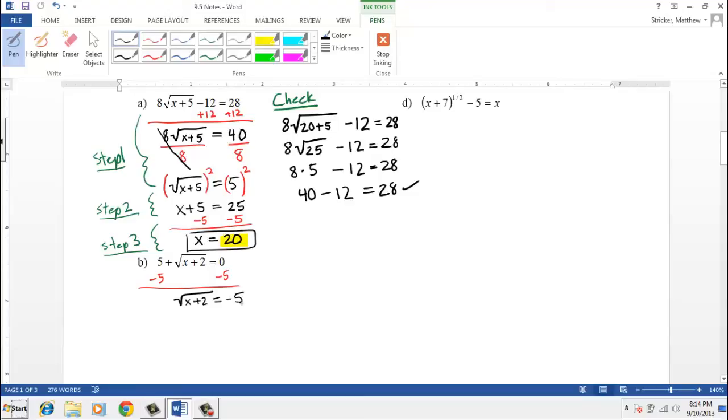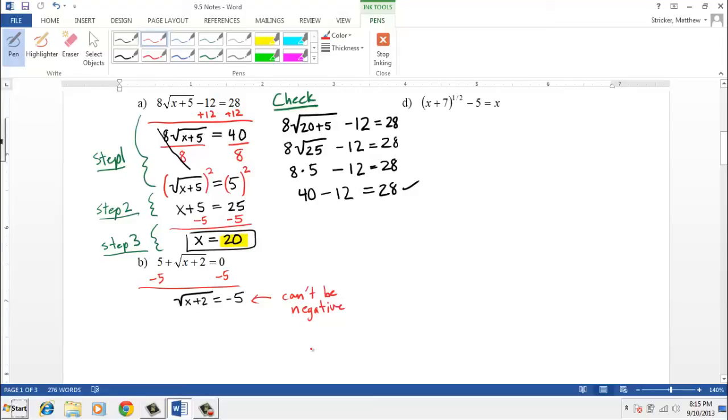So are there any problems with where we're at so far, or are we good to go? I'm hoping that you noticed that this can't be negative. There never exists any number that you could take the square root of and get a negative.